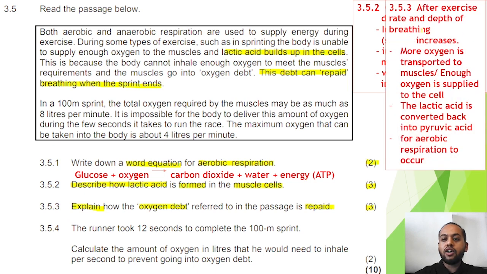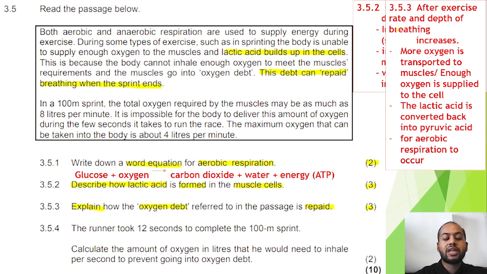Firstly, after exercise, the rate and depth of breathing is going to start increasing. After you've engaged in that strenuous exercise activity, your rate and depth of breathing starts to increase. That is part of your understanding with regards to homeostatic control of breathing.